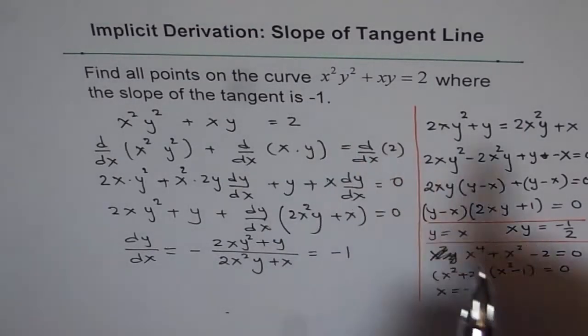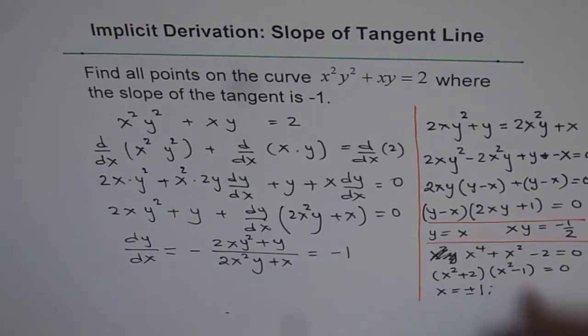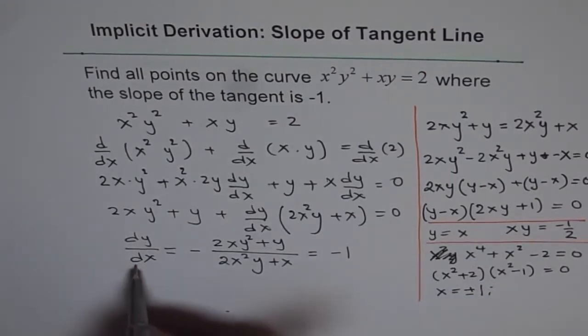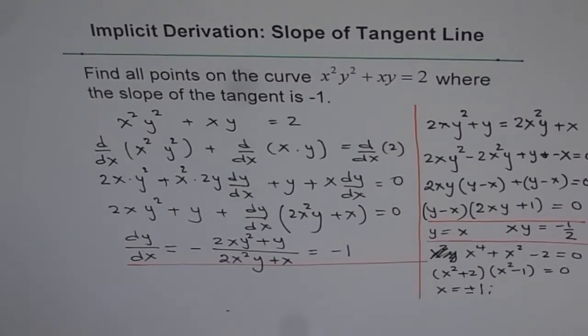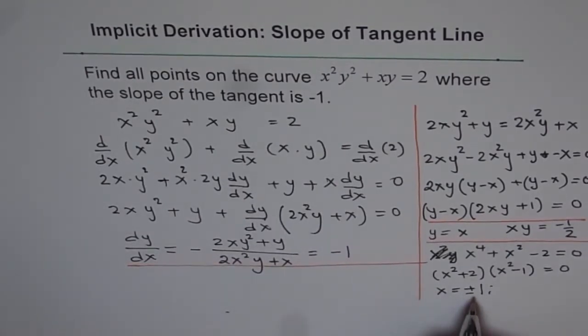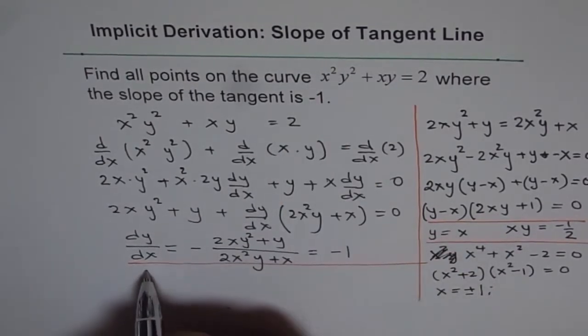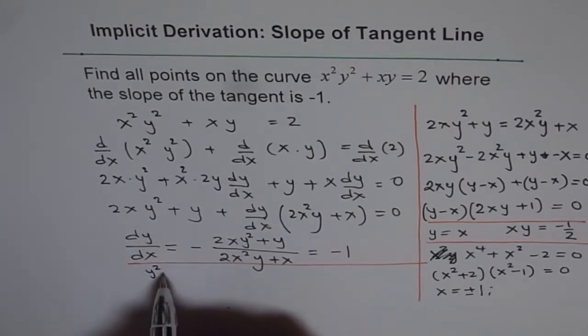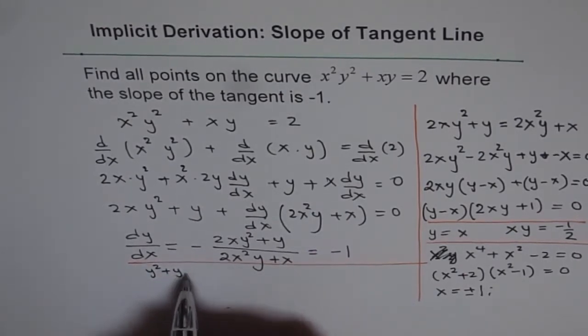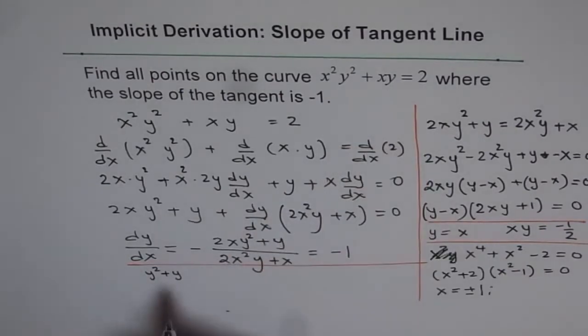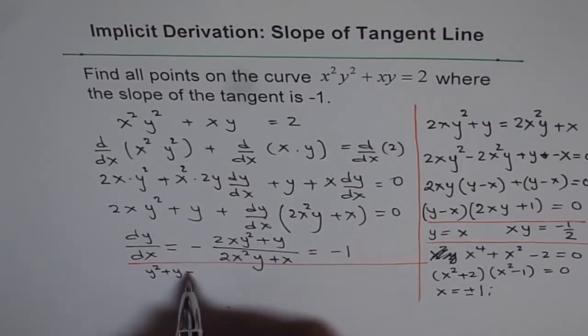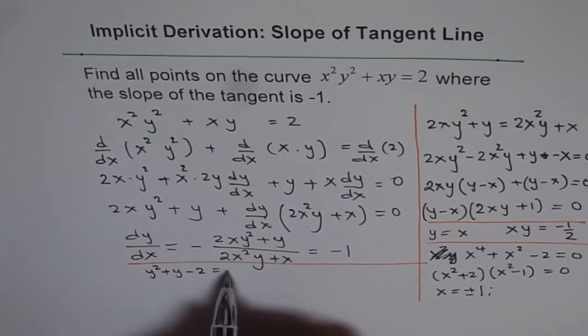So if I write x as plus 1, I get y squared plus y equals 2, which is, I'll take 2 on this side, minus 2 equals 0.